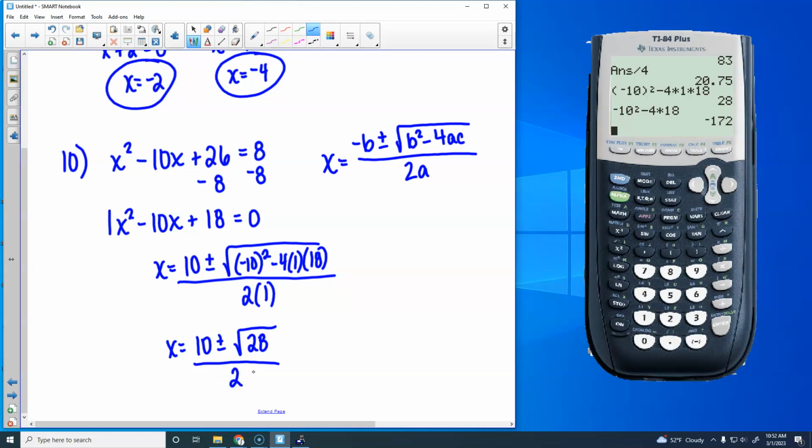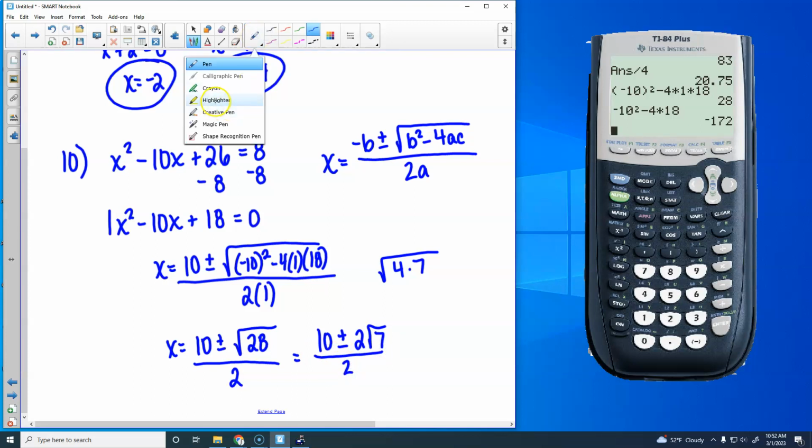28 is not a perfect square, but will it break down? Not 6 and 4, 7 and 4. So I could make this 10 plus or minus 2 root 7 over 2. And then when you're reducing, you're looking at these 3 numbers.